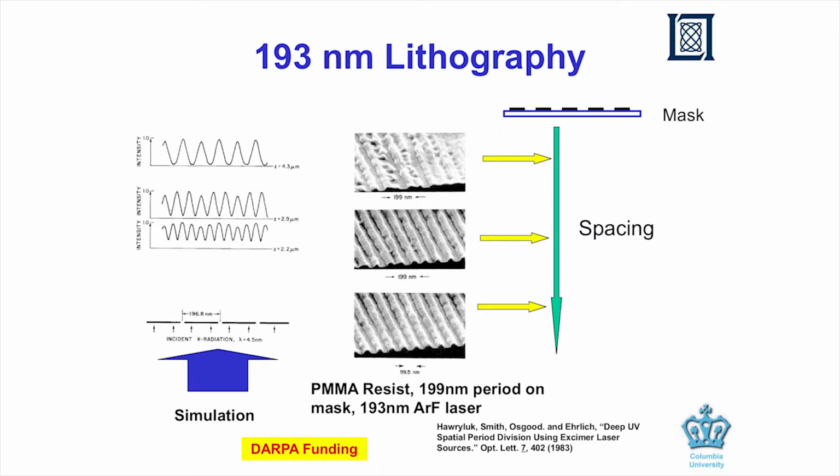what Hank was interested in was using the 193 nanometer tool, which is an excimer laser, to actually make closely spaced grating lines. And what he found out is if you make a phase plate up here, and if you look going away from the phase plate, you can actually do a spatial period doubling of this in a certain kind of resist, PMMA.